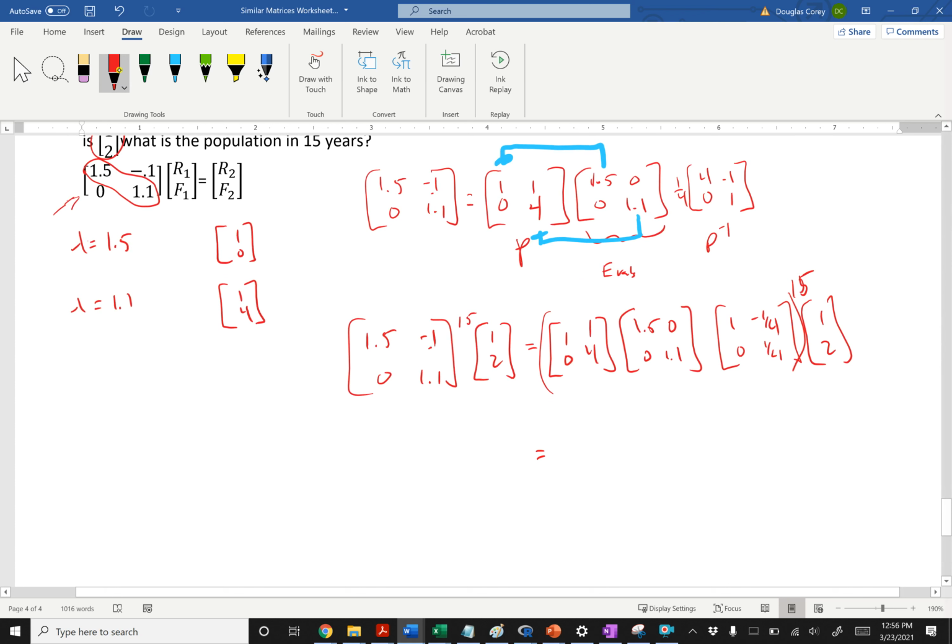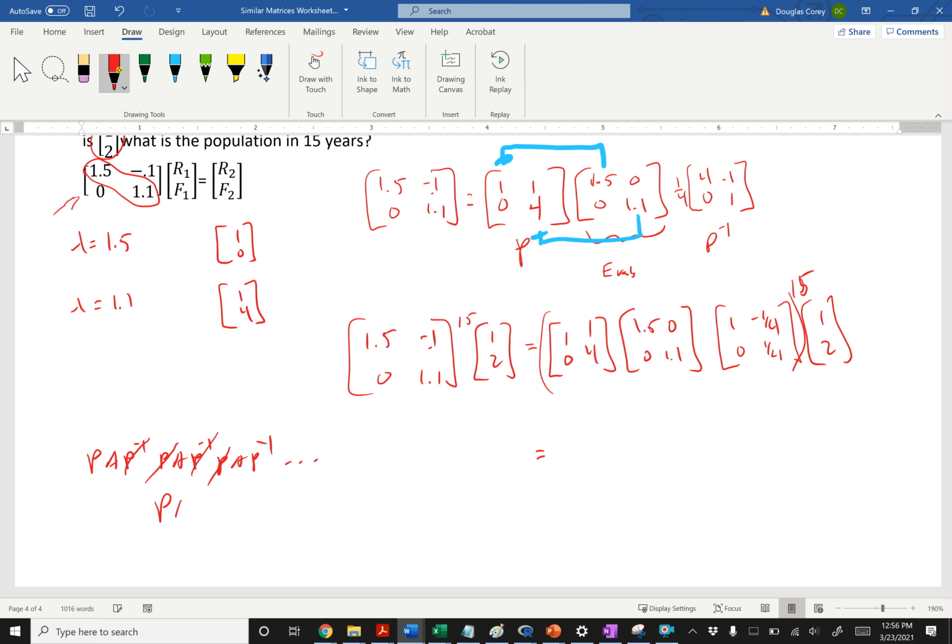But this right side is easier to calculate, because when we start multiplying all these three matrices together, I'll just write P A P inverse, P A P inverse, P A P inverse, etc. Like this P and this P inverse, wherever they're multiplied together, they will become the identity matrix.